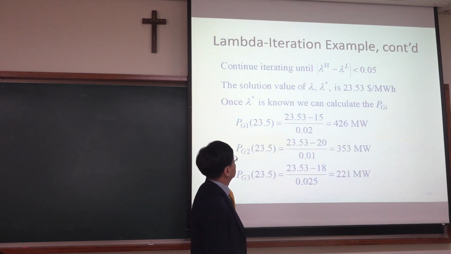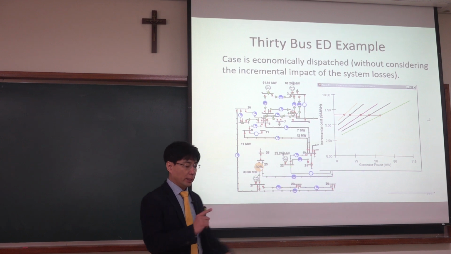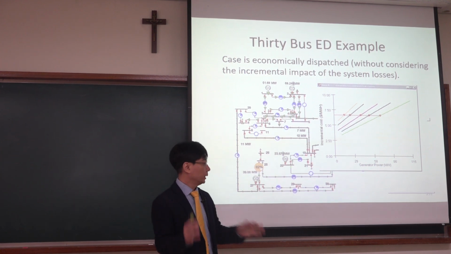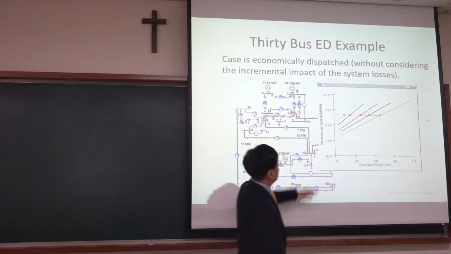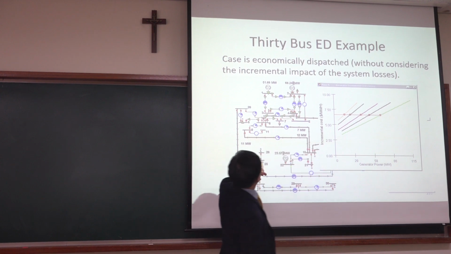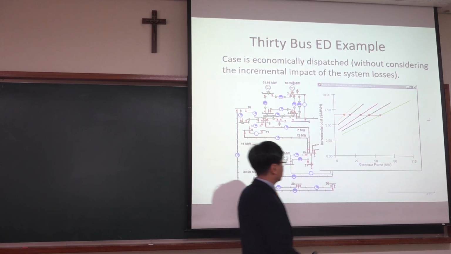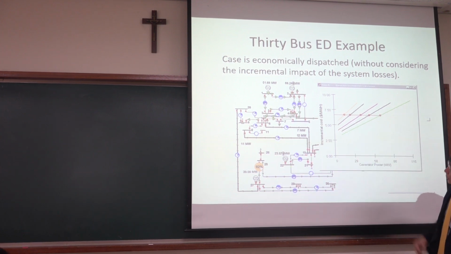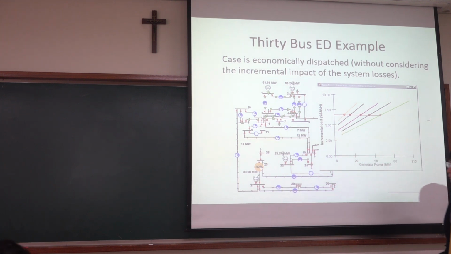In this example, we have 30 buses. IEEE 30 bus and IEEE 118 bus are typical examples. There are 30 buses, and how many generators do we have? I guess 1, 2, 3, 4, 5. There are 5 generators. This is the price, lambda, the Lagrange multiplier, and this is the marginal cost, or incremental cost, of each generator.